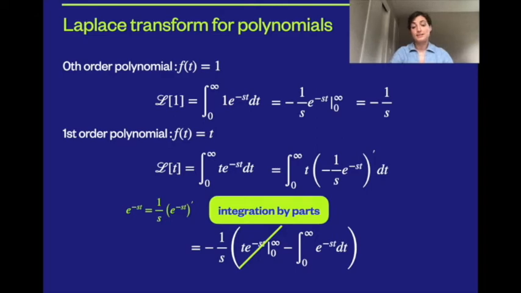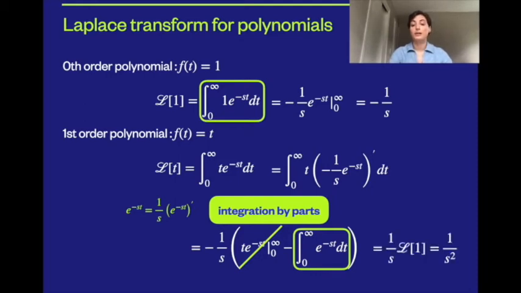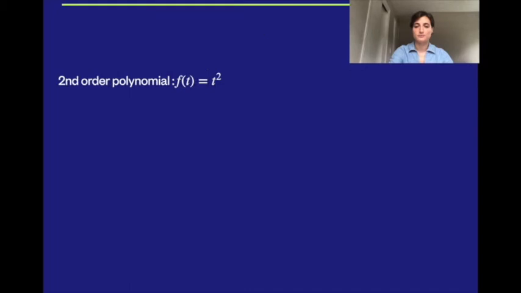Why? Because at 0, t is 0, and at infinity, exponential of minus st is 0 itself. Well, the second term is the same term we looked at when we were doing the Laplace transform of zeroth order polynomials. This is great because we know how to handle that. So the Laplace transform of t is 1 over s squared.